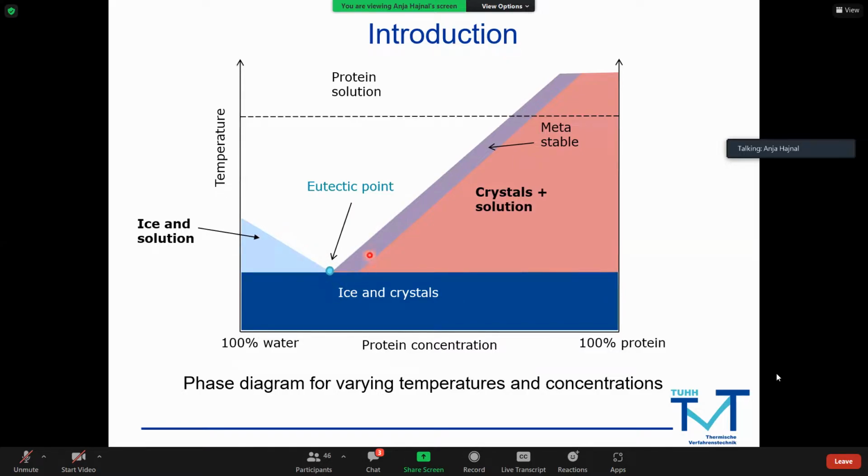And once we reach the eutectic point, we start having also the crystals of the second component. So then we would start to also have the crystals of our protein. And this point, the eutectic point, is a point when both of our components start to precipitate at this composition that we would read at the bottom.